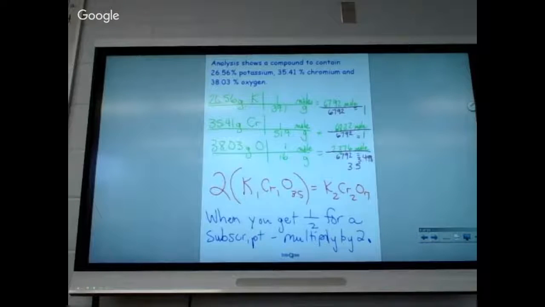But this is where it's nice to be in a first year chemistry class. You will either get a whole number or you will get a half. You will not get anything else that's weird. So if you get something like 3.33, you have a mistake, okay? Because your answers will either turn out to be a whole number or they will turn out to be a half. That's it in a first year chemistry class. Do you all hear me say that?